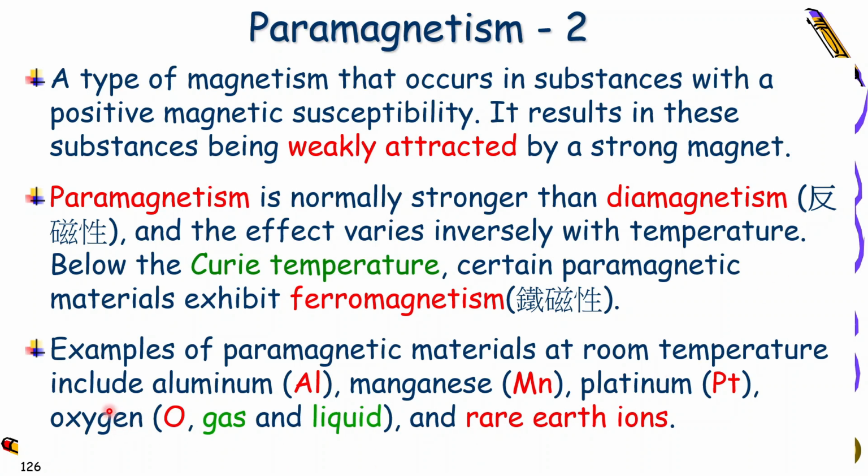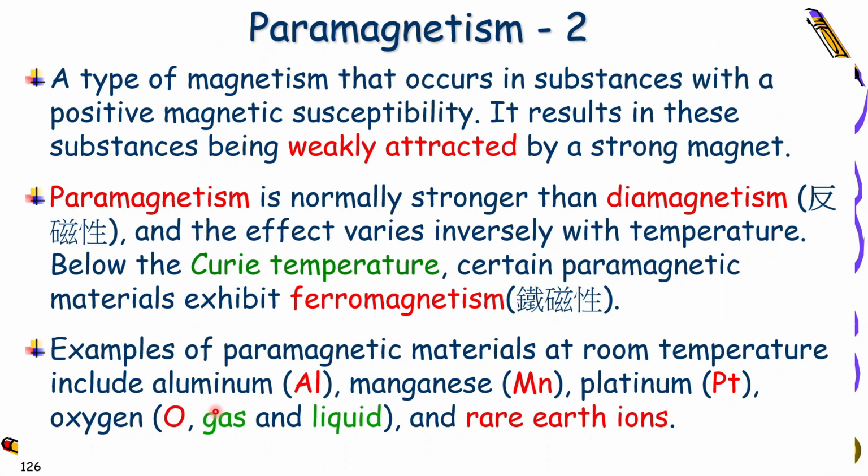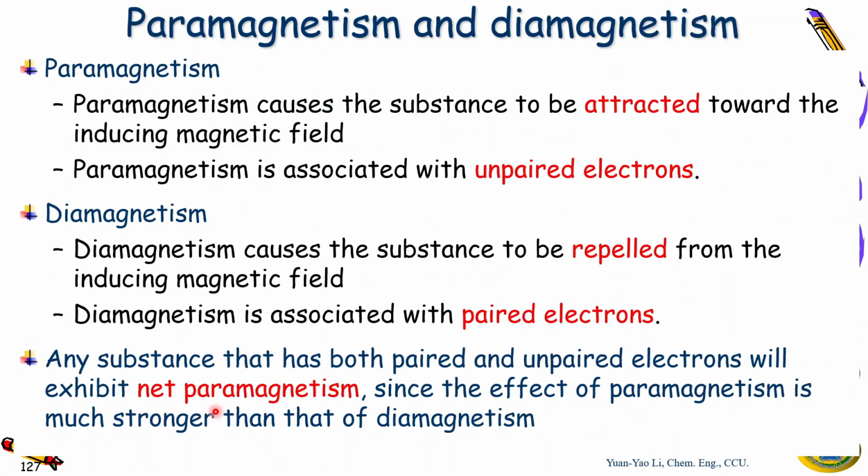Examples of paramagnetism include aluminum, magnesium, platinum, and oxygen. Here we are going to make an example for you to show the property of paramagnetism. So please read this by yourself.